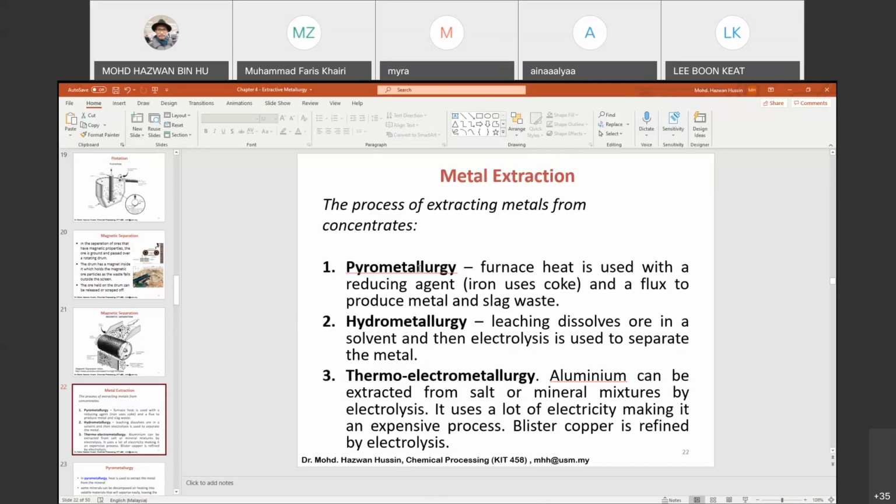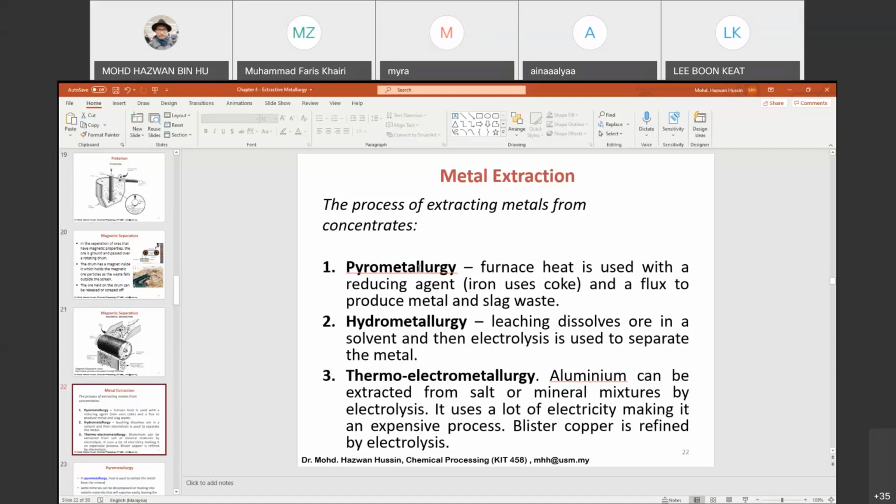For electrometallurgy, the purity of the metal is quite high, but the percent yield is not that high, just moderate.